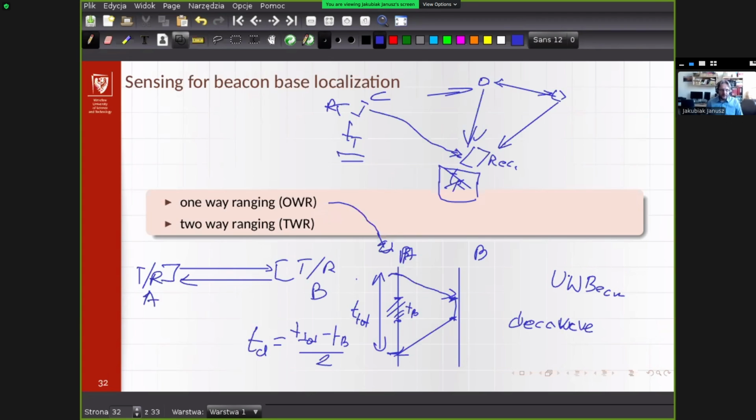So not working on a single frequency, but on a wide range of frequencies, to have increased robustness to reflections, noises, and external sources of other radio waves, in fact. So quite an interesting solution that is also worth knowing.